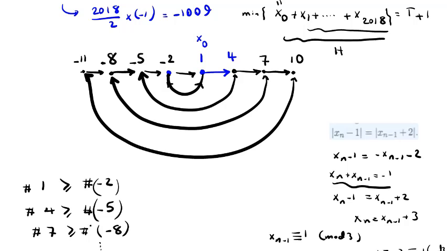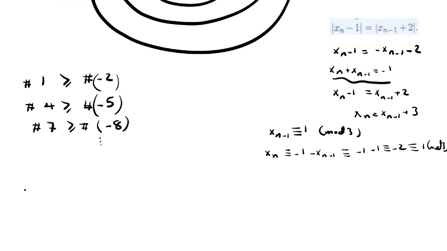So if I prove this, I can say, if I consider x0 plus x1 plus x2 up to x2018, the number of 1s is greater than or equal to the number of negative 2s. Suppose we have some 1s, some negative 2s, a1 times.